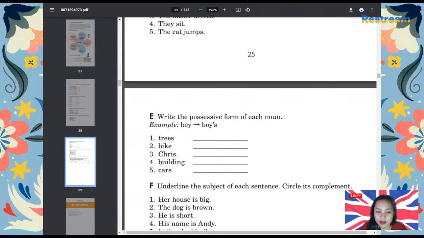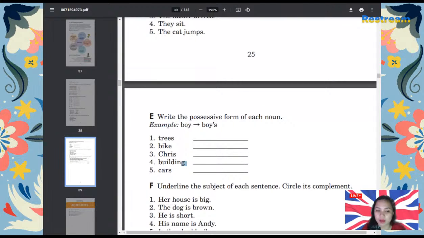Next, how about number four, building? How can we make it into possessive form? Look here, it just ends with the letter G, so it's fine.